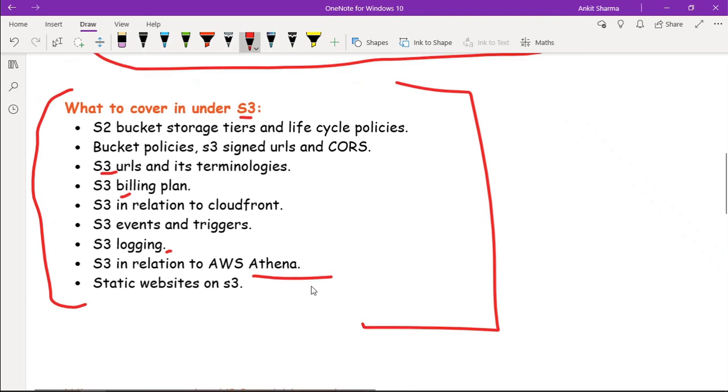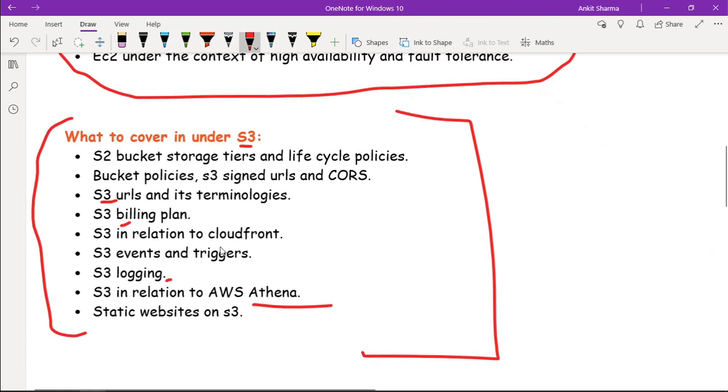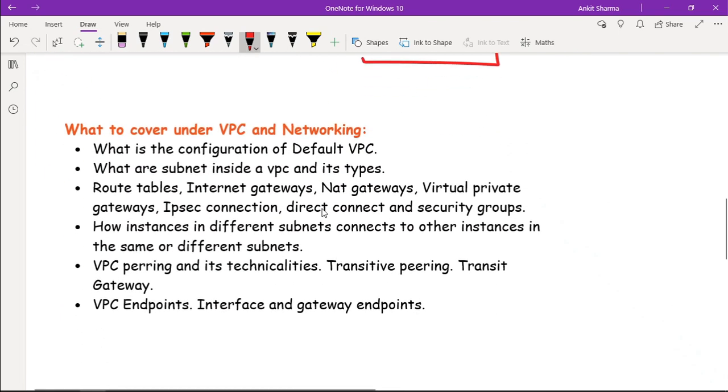So all these things are still important, but they are not all. After learning S3, you should cover all the things related to it. I'm giving you a preview of how you can go about learning all the services, but this is not the entire syllabus. This is just a way to see a service in its parts and see how you can do justice to each and every part.